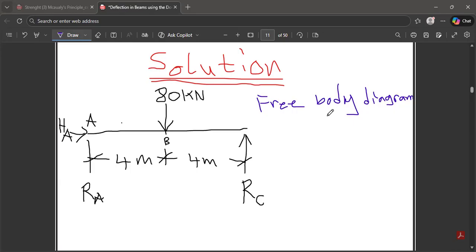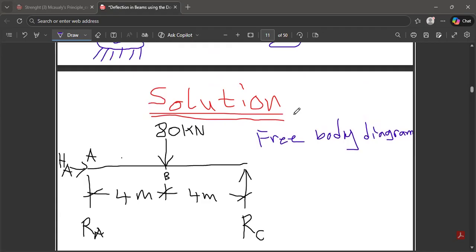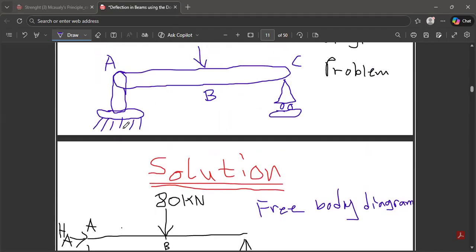Now it means that we have to find our reactions before we can proceed. Without the reactions, you can't proceed.